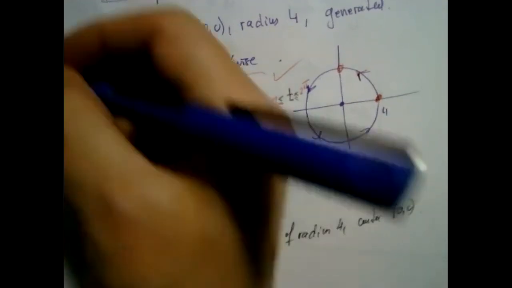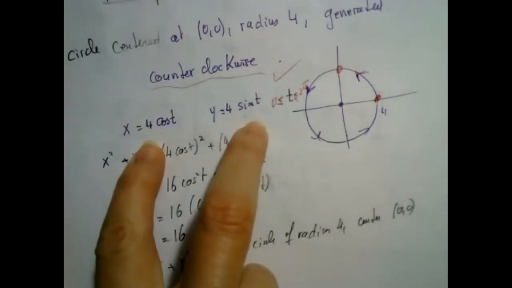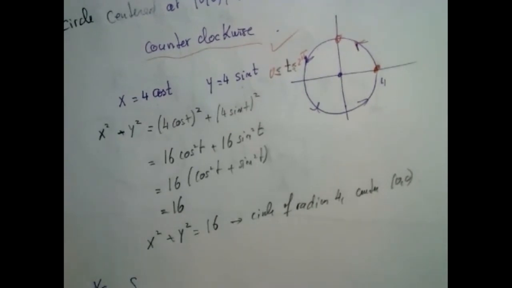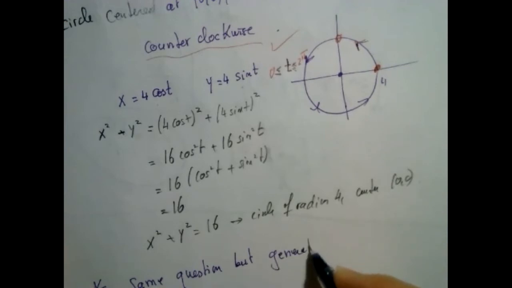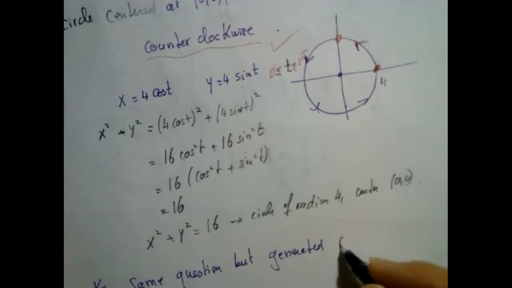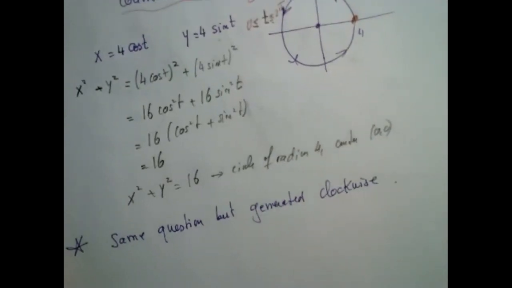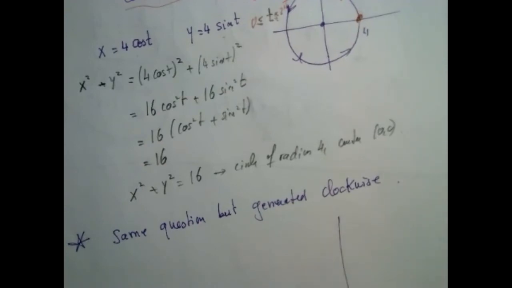Now, since we built the circle, suppose I want the following. Same question, but suppose I want it to be generated clockwise. So I'm going to manipulate a little bit so that I can go around the circle clockwise.